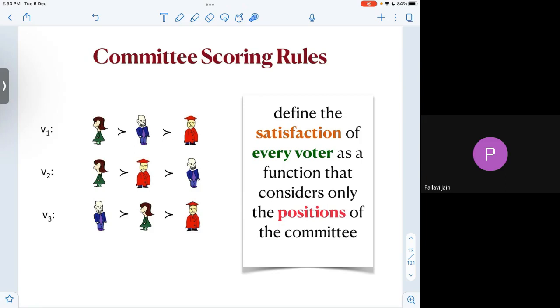Position of a voter in the ranking. Something like the Borda rule, right? Because Borda also considers the position of candidates in the ranking. So these are some named things, but of course you can imagine anything.